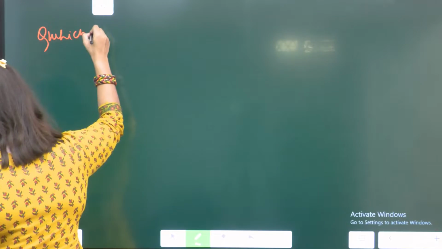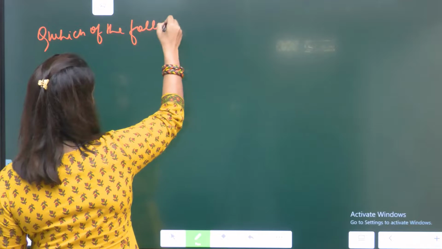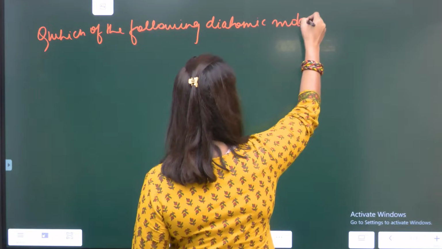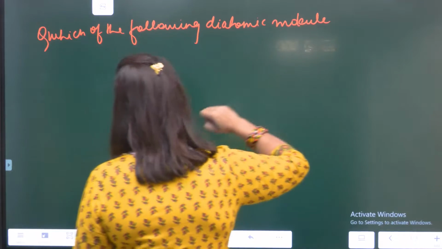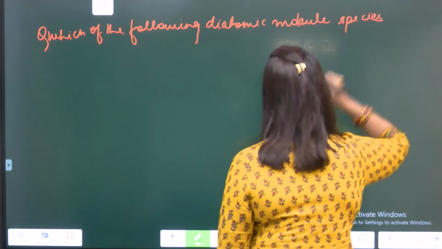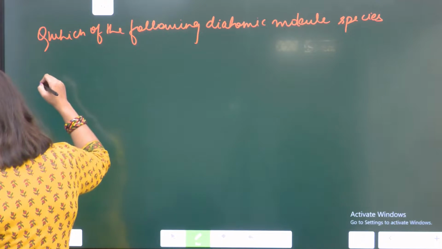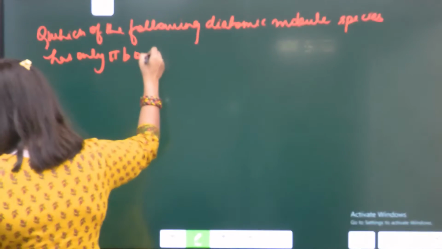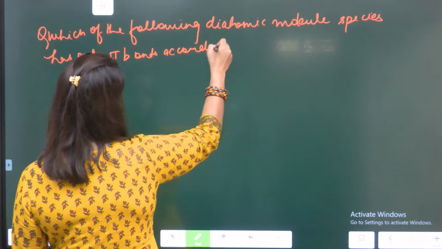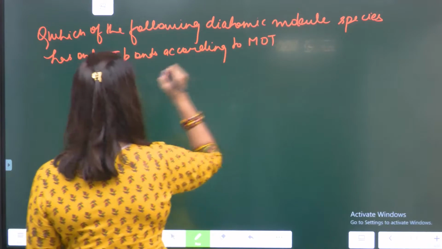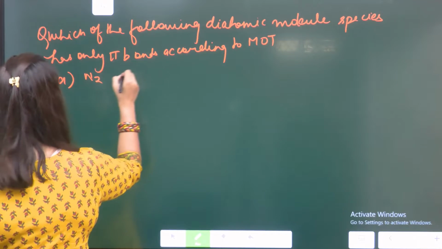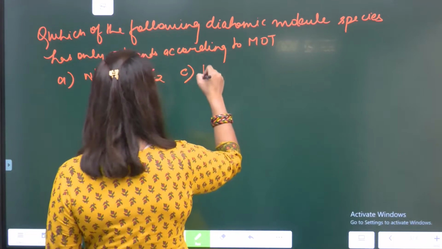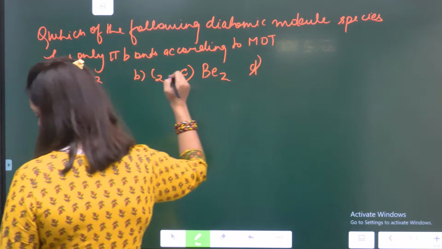Which of the following diatomic molecule species has only pi bonds according to MO, and the options given are N2, C2, Be2 and O2.